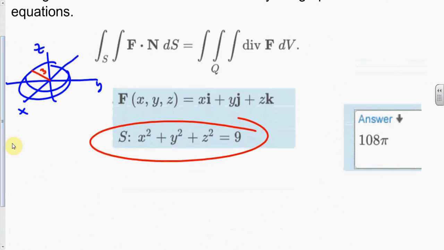So if I know that, then we can make the work a little bit easier to solve. Let's first compute the divergence of F. So we get 1 plus 1 plus 1. We get 3.